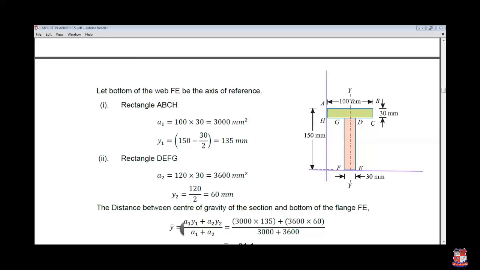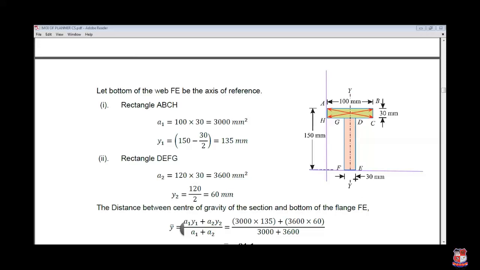So you have to find the area of each component and y1 for each component. So A1 is equal to 100 by 30. Now y1: this is your reference axis, and at how much height is its centroid located? If this is your object and you draw its diagonal, your centroid is located here.